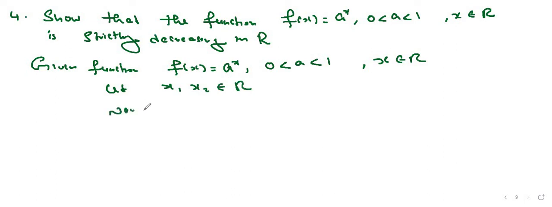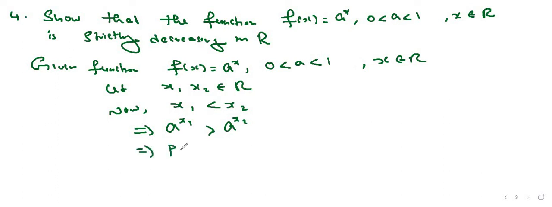As usual we start with x1 less than x2. That implies we know that a raised to x1 is greater than a raised to x2, since a is less than 1 and greater than 0. That implies we get f of x1 is greater than f of x2. x1 less than x2, we get f of x1 greater than f of x2.